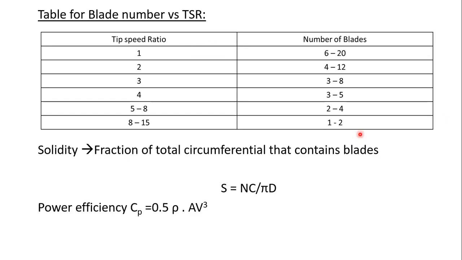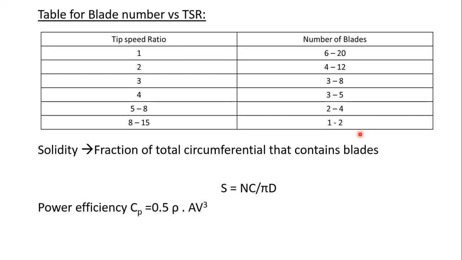It is usual to characterize a windmill rotor by comparing its curve of efficiency with its TSR. Okay, so by comparing the curve of the efficiency with the TSR, we can characterize windmill rotors.